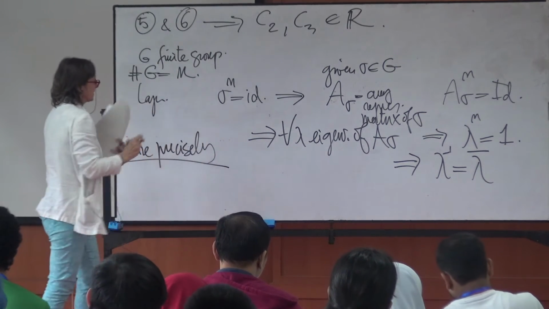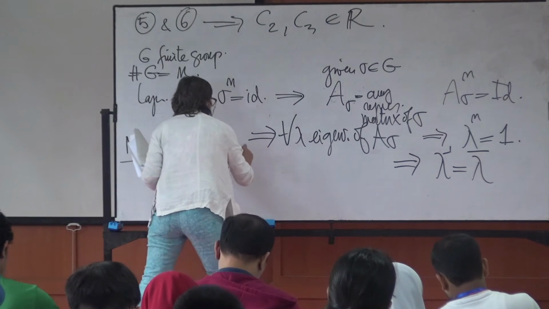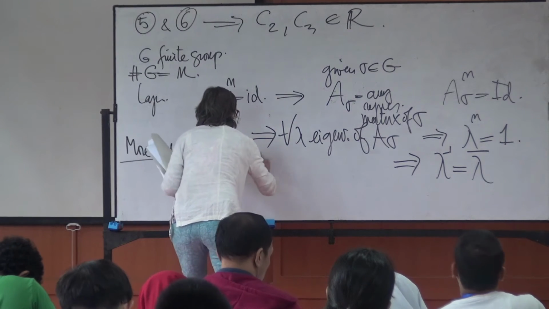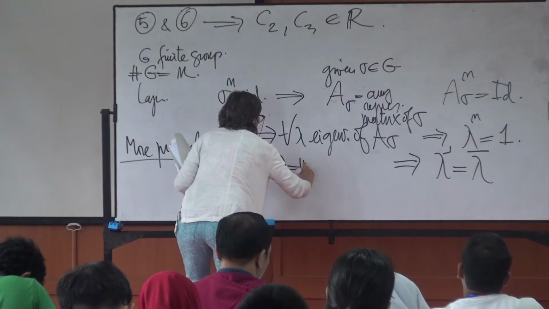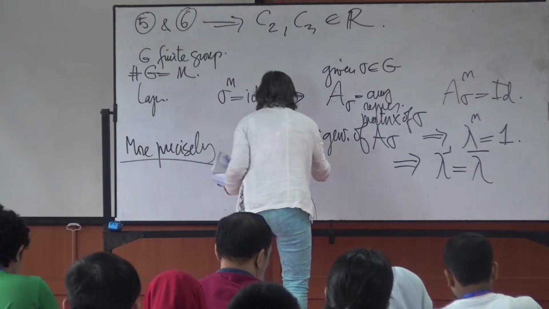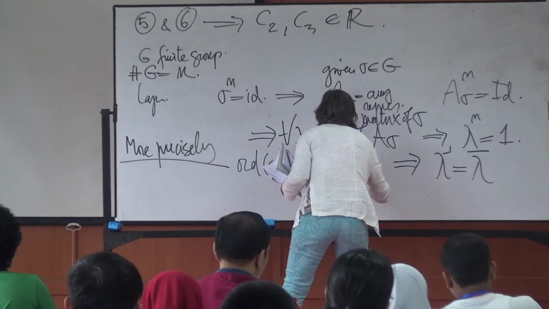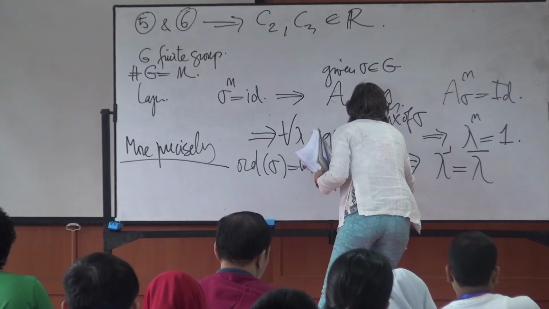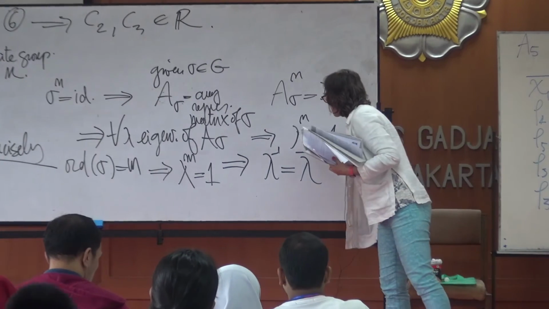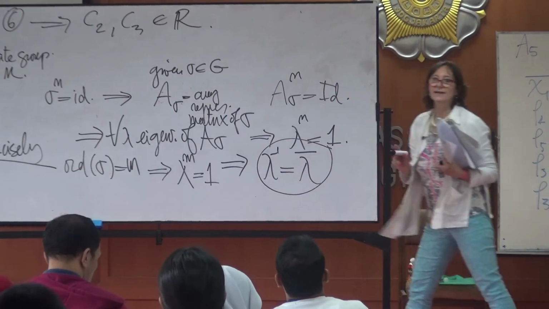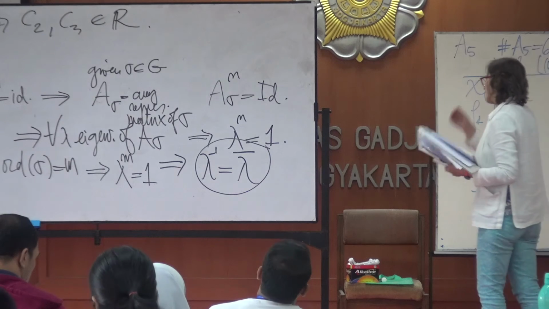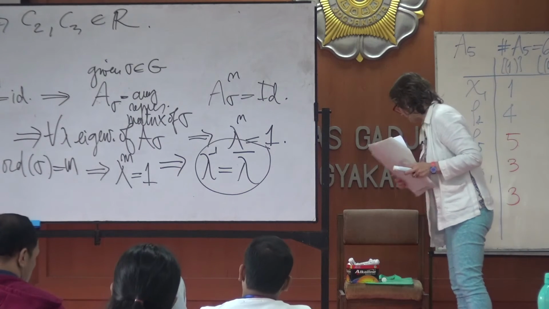More precisely, if the order of sigma is m, and m certainly is a divisor of n, then in fact lambda will be an mth root of unity. But this property is always valid.